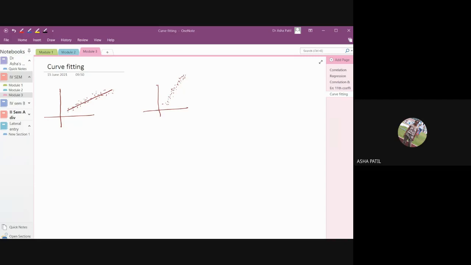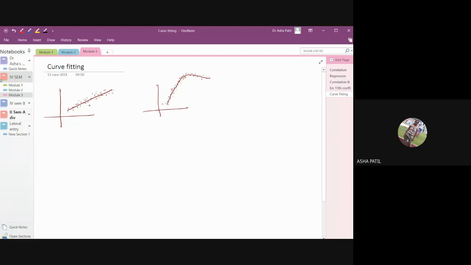So what we do is we'll go for a curve which may best fit or which may have maximum points on it. We'll draw a curve which will fit the maximum points on this scatter diagram.